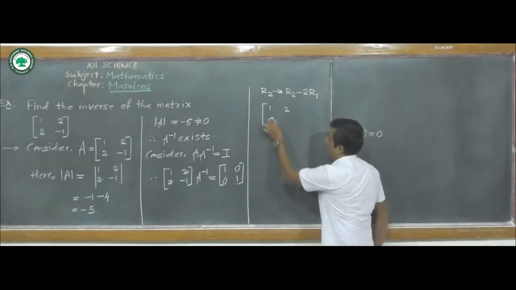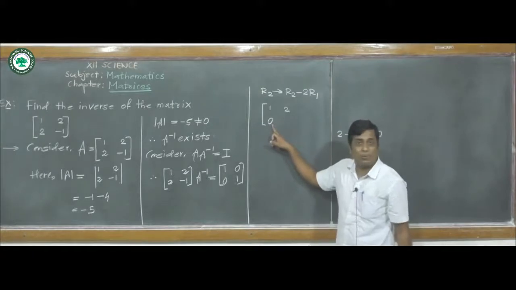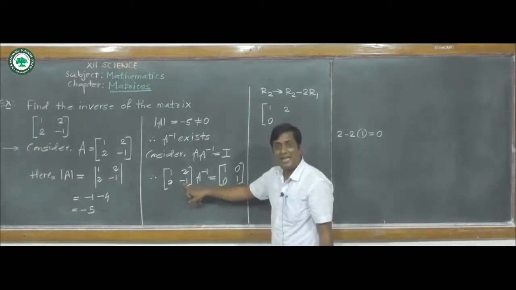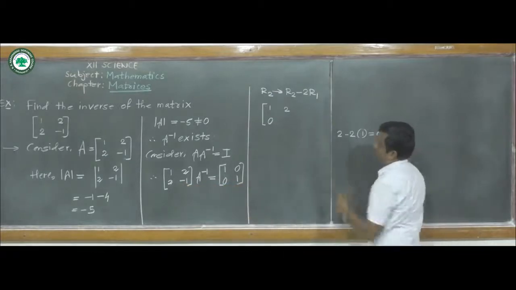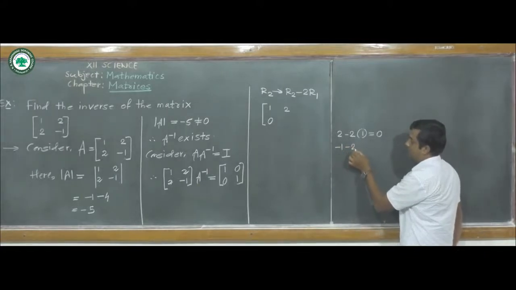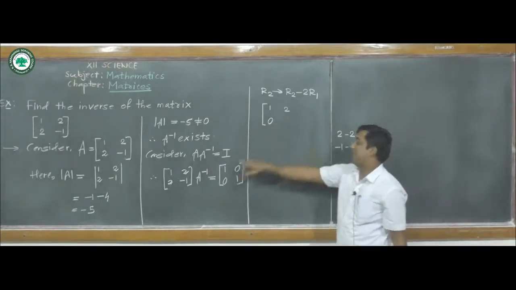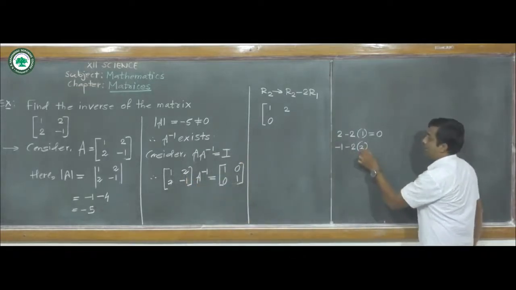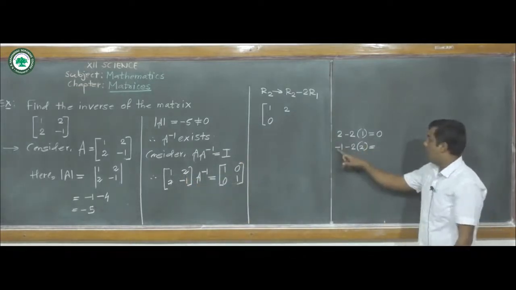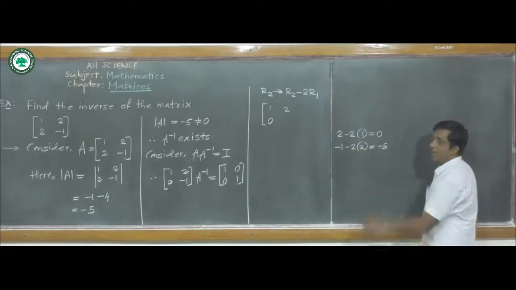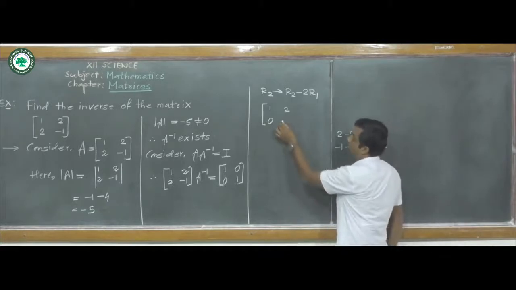So here in the position of 2 we get 0. Next, for the position of the second element, here second element from row second is minus 1. Then minus 2, here second element from first row is 2. So here we get minus 1 minus 4. We know minus 1 minus 4 is minus 5. So in the position of minus 1 we get minus 5.